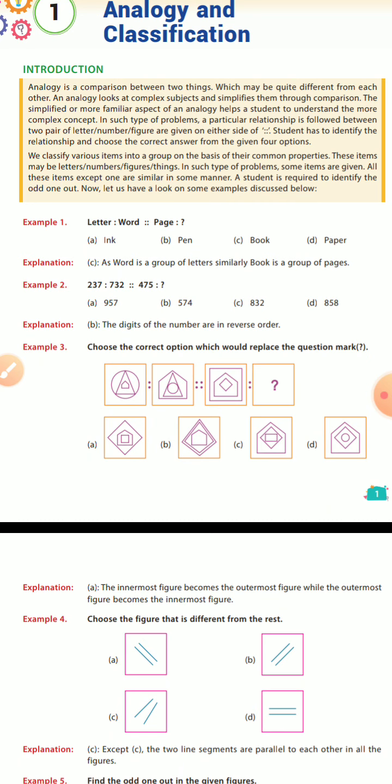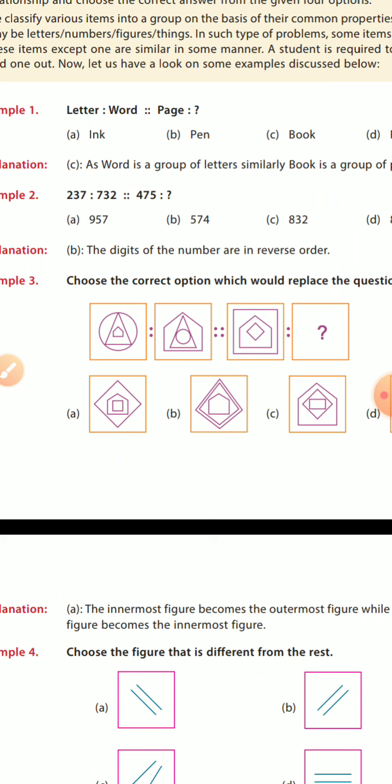You can see example 3, in which in the first box a circle is given, inside the circle a triangle, and then inside it a pentagon. In the second box, the pentagon which was inside has gone outside, and the outside things came inside.